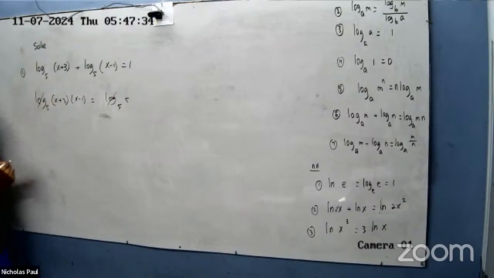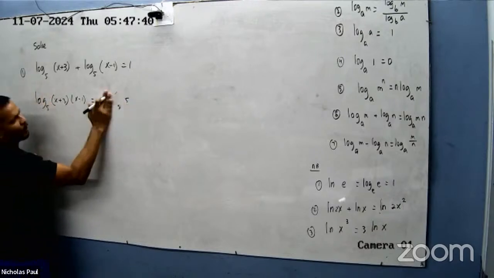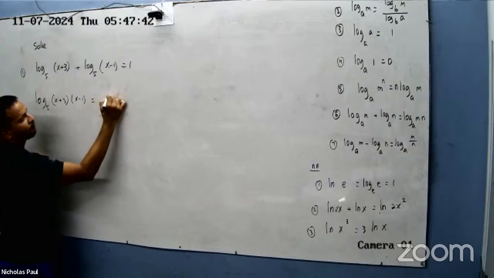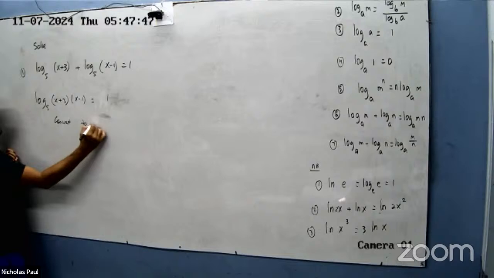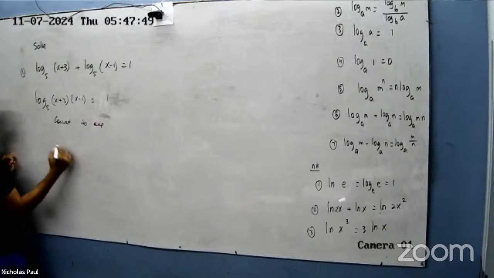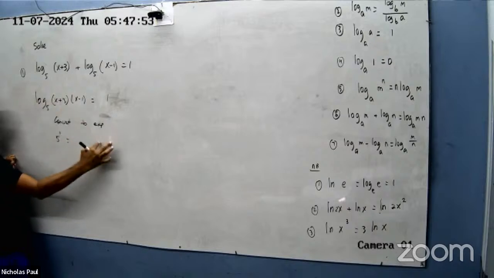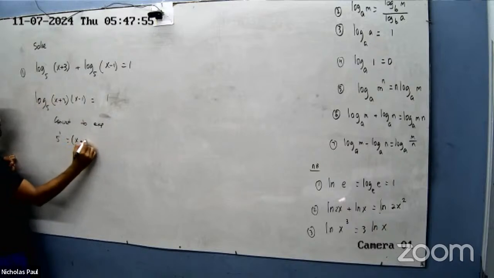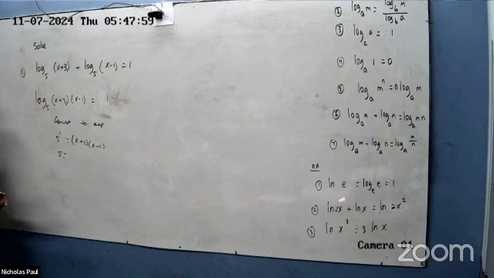I don't like that method so much, but I'll just show you. The method I like is, since I'm here, I don't want to introduce anything. All I'm gonna do here is convert to exponential form. So bring up the 5, carry across the 1, carry this product on this side. That's basically the same thing, right?